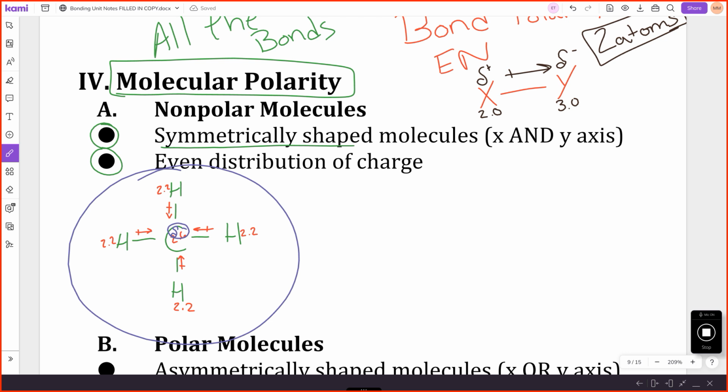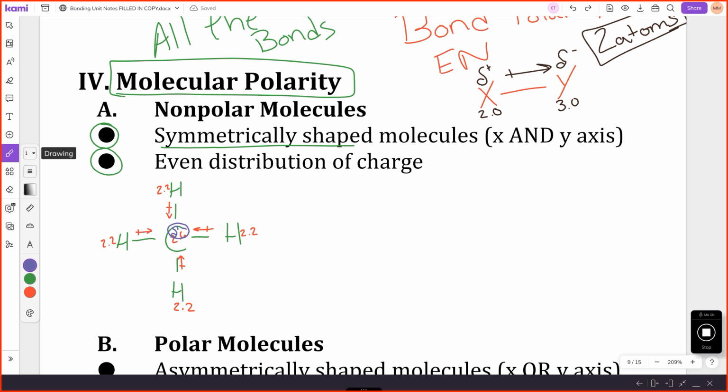Every one of these bonds pushes its electrons slightly to the center, which means that there are electrons missing from around the outside. And so on each of the hydrogens, there is a slightly partially positive charge. Again, we're looking at the whole picture.